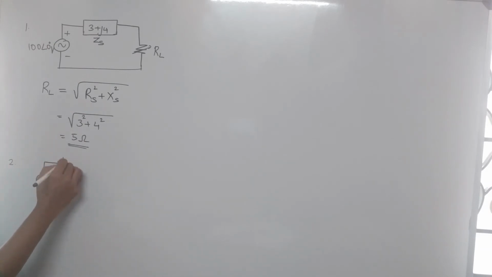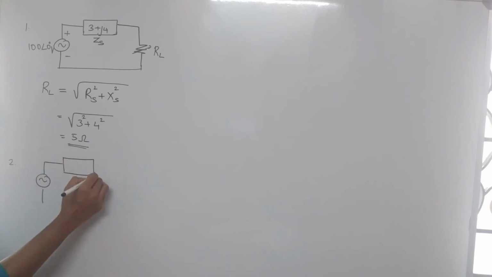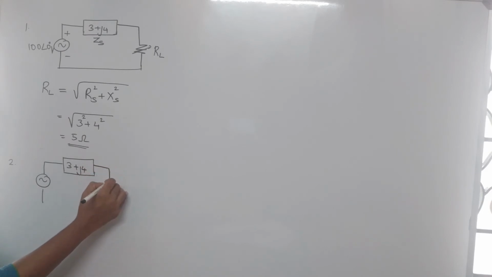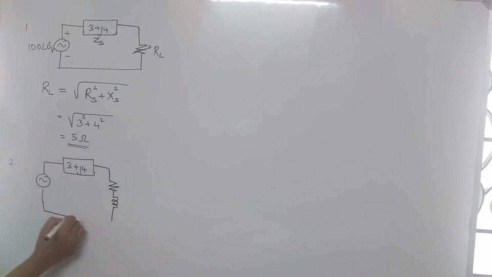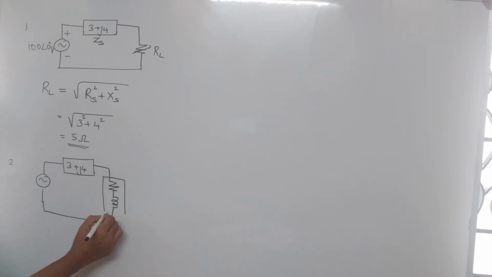The same source impedance, let this be 3 plus J4, and here we have an impedance load where this is a fixed 3 ohm and this is variable.